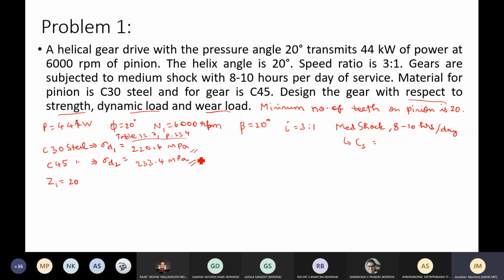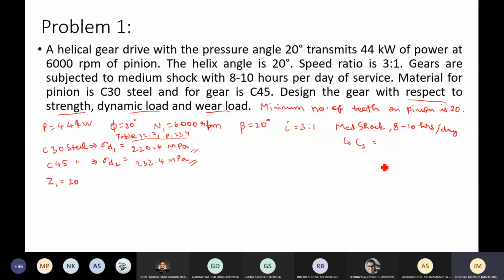What about the service factor? 1.5, yeah. Let me just hold on. Yeah, so it is 1.5. Medium shock 8 to 10 hours per day is 1.5.